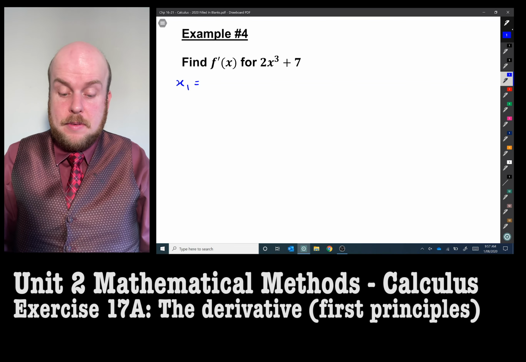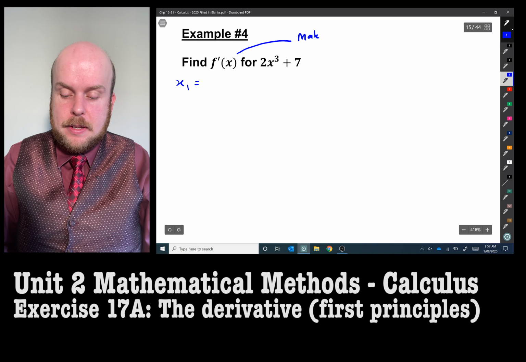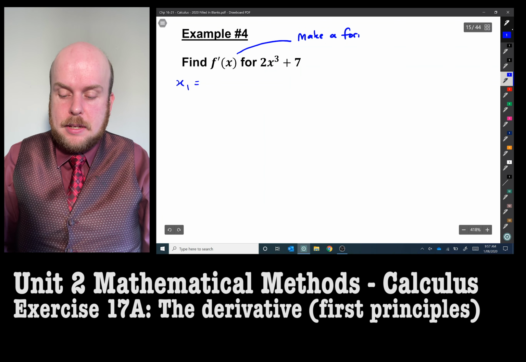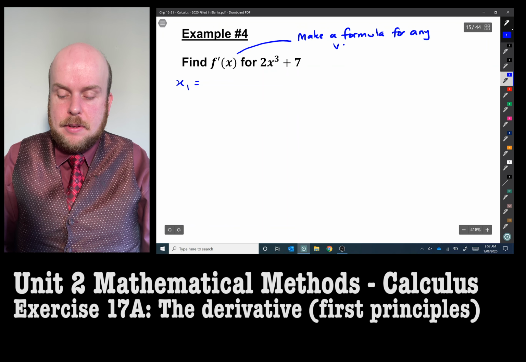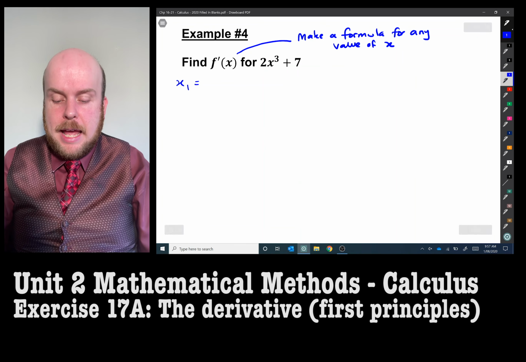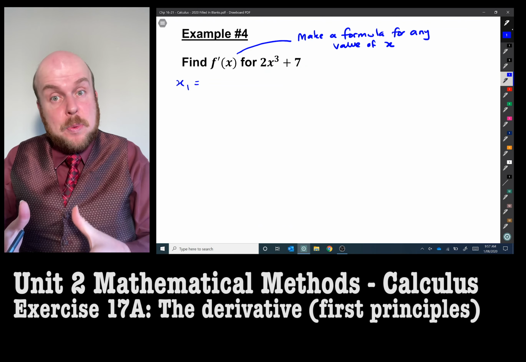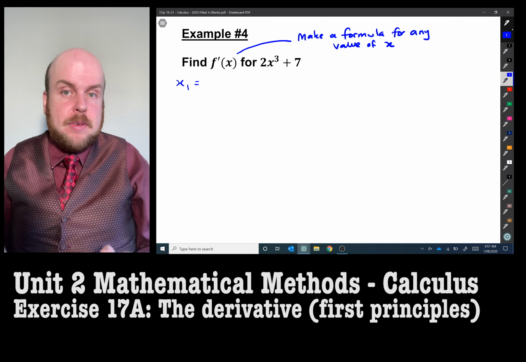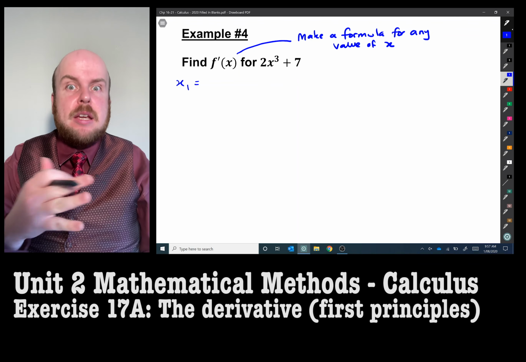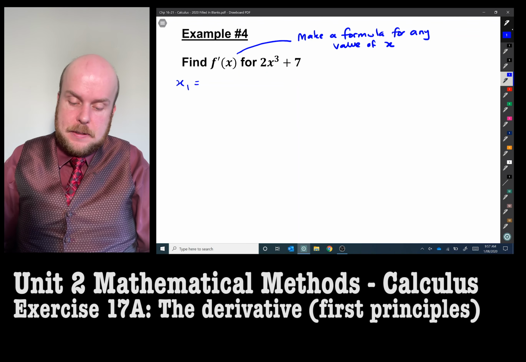What this is saying is to make a formula for any value of x. So I want to generate a formula that if I put any value of x into it, I could calculate the specific instantaneous gradient at that point.